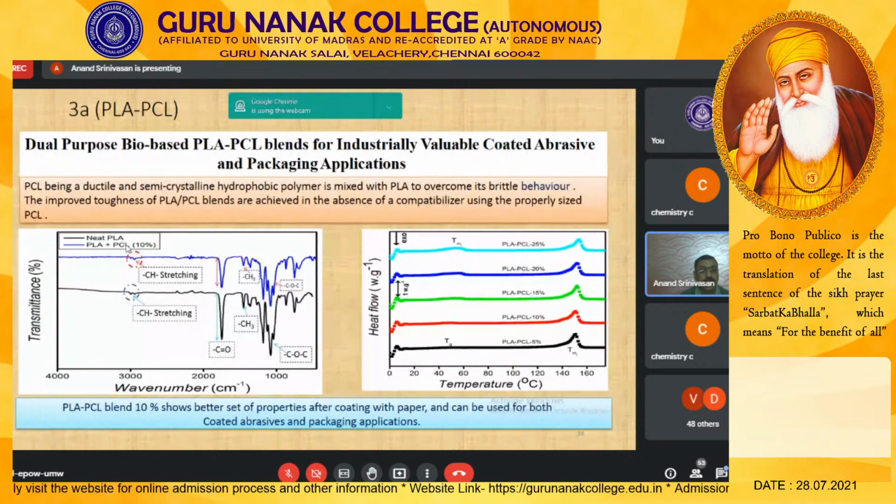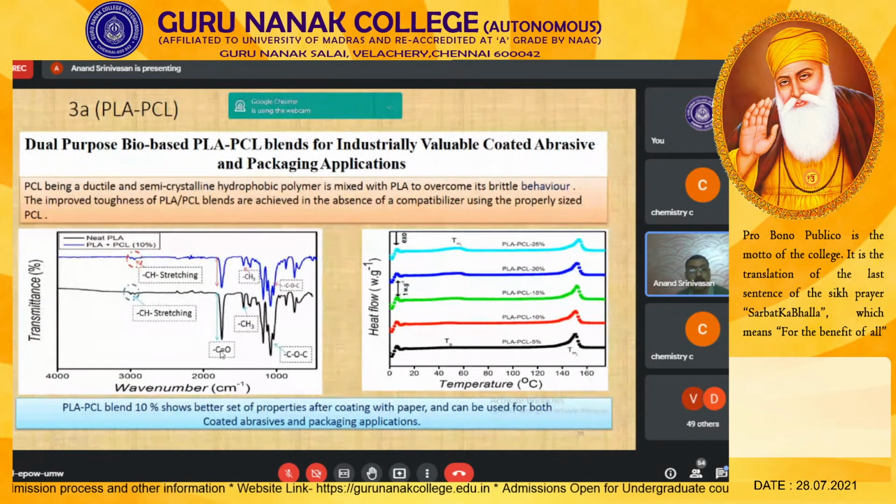As you can see, this is the neat PLA, and it has a carbonyl stretching, which is a characteristic peak of your polylactate, C=O stretching and C-O-C stretching. So what happens when you mix it with PCL? The intensity of the peak is reduced. So the peak intensity reduction, also a shift of the IR peak towards the left-hand side or right-hand side, whatever it is, indicates a proper interaction between PLA and PCL.